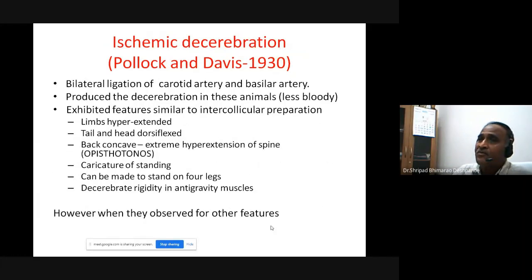Now, this is a group of workers in 1930. They were not happy with Sherrington's group performing these most extensive operations. They felt the animal care was poor because it was a very destructive and bloody operation, and they did not like that.